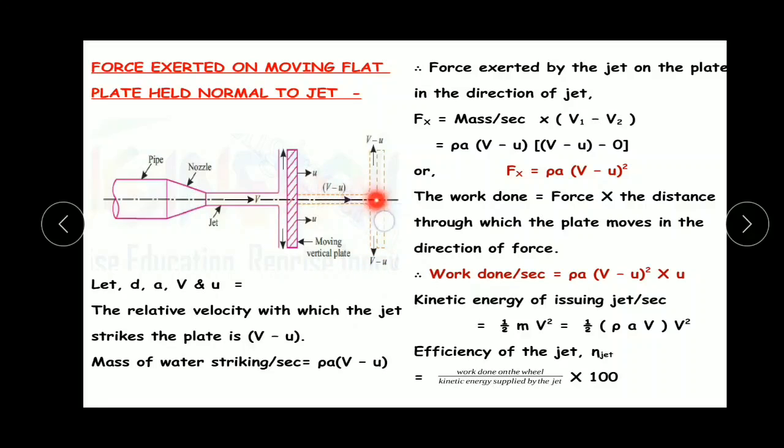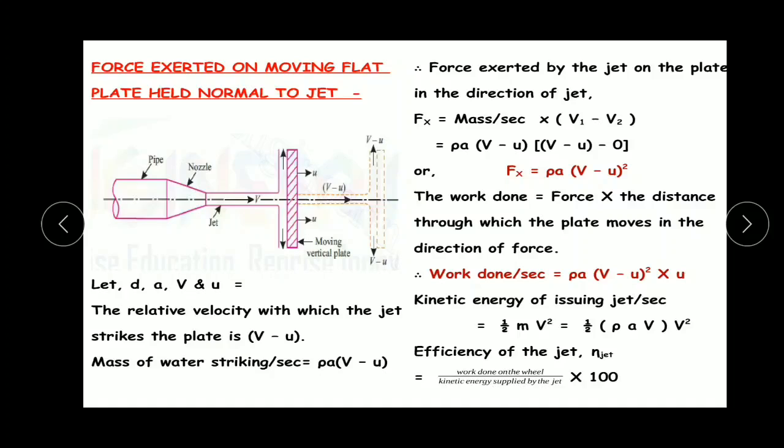This is the relative velocity with which the jet strikes the plate. Capital V is the absolute velocity of the jet and u is the velocity of the plate, so the relative velocity of the jet is V minus u. Mass of water striking per second, m, equals rho A into (V minus u).